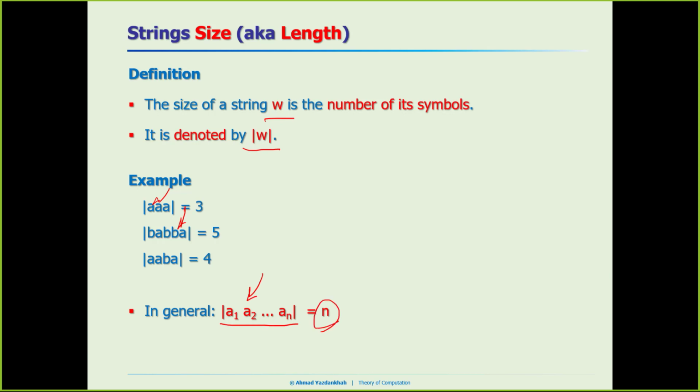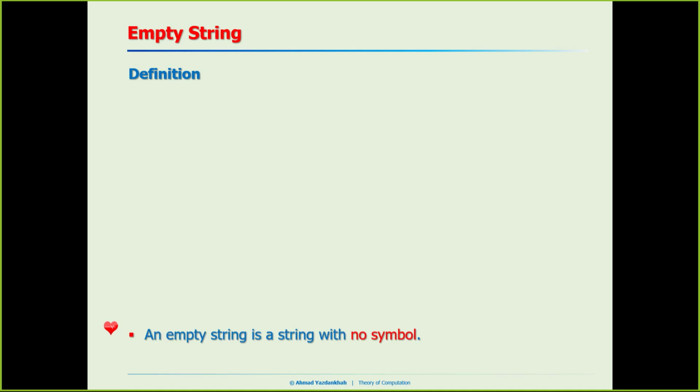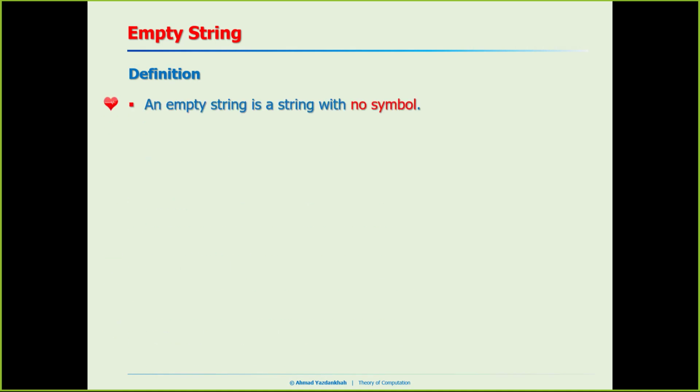So what is the empty string? The empty string, as you can guess, is a string without any symbol, in other words, a sequence of zero symbols. And we need a notation for that in this course.